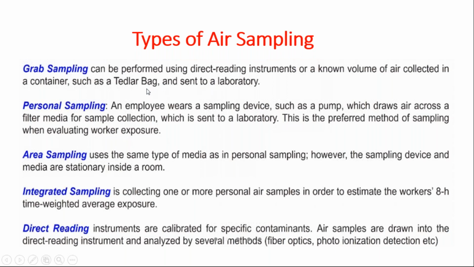For example, we have a plastic bag which has a fixed volume and we can seal it. We can contain 1 liter of air inside. This grab sample is such that we capture a fixed volume of the air inside a Tedlar bag or some other canister.